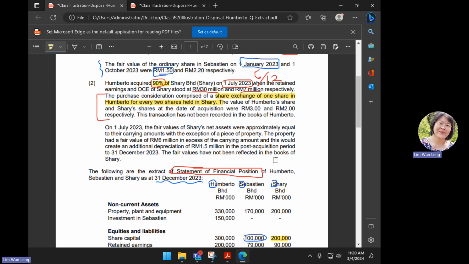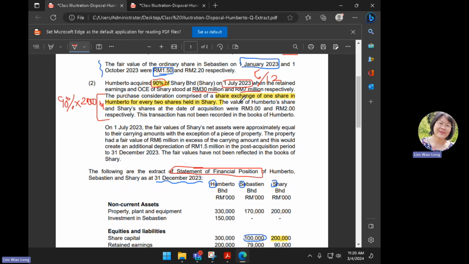So, which means how many shares you acquire? 90% of how many shares in Sherry? Shares in Sherry is 200 million.